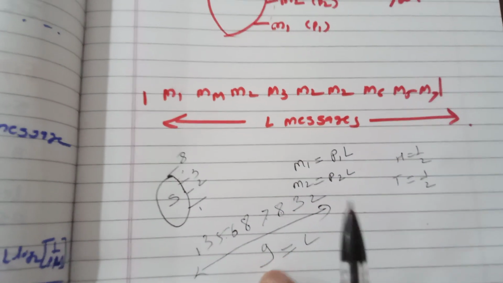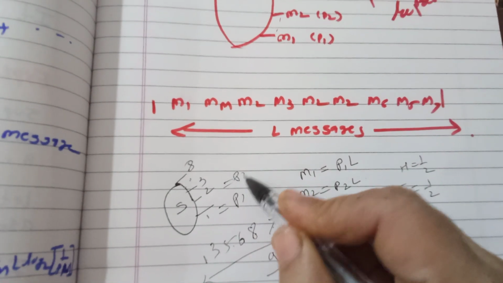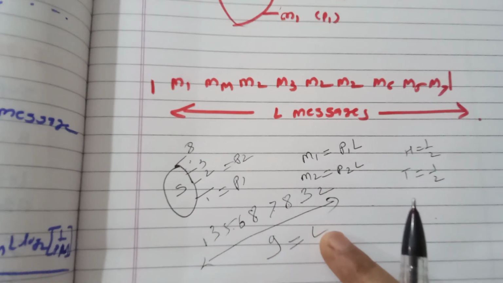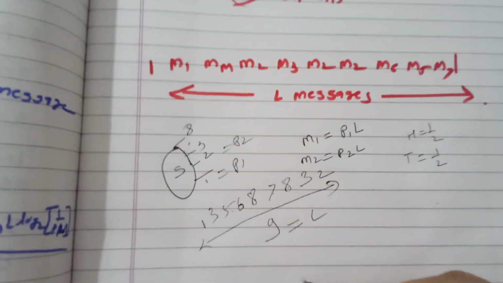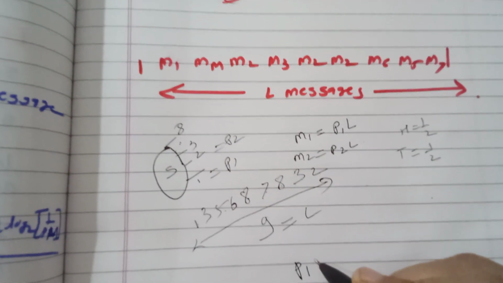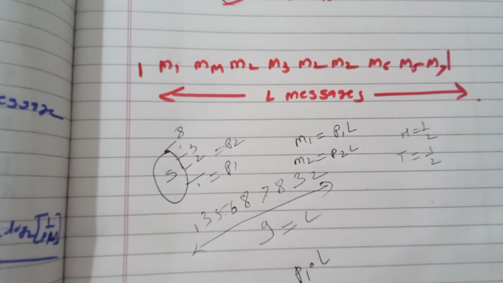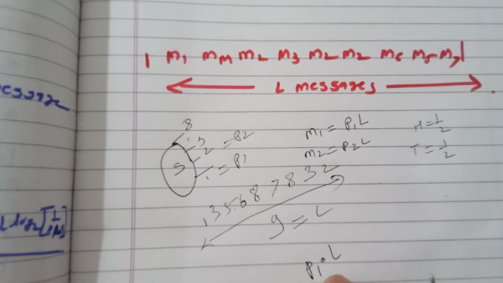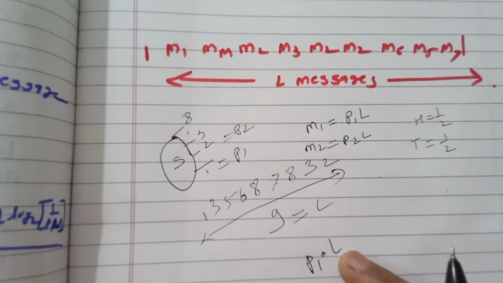Now this 1 is with some probability P1, this 2 is with some probability P2. So in these 9 messages, 1 will occur with probability P1, and the number of ones will be P1 into L. Out of 9, 1 will occur P1 into L number of times.